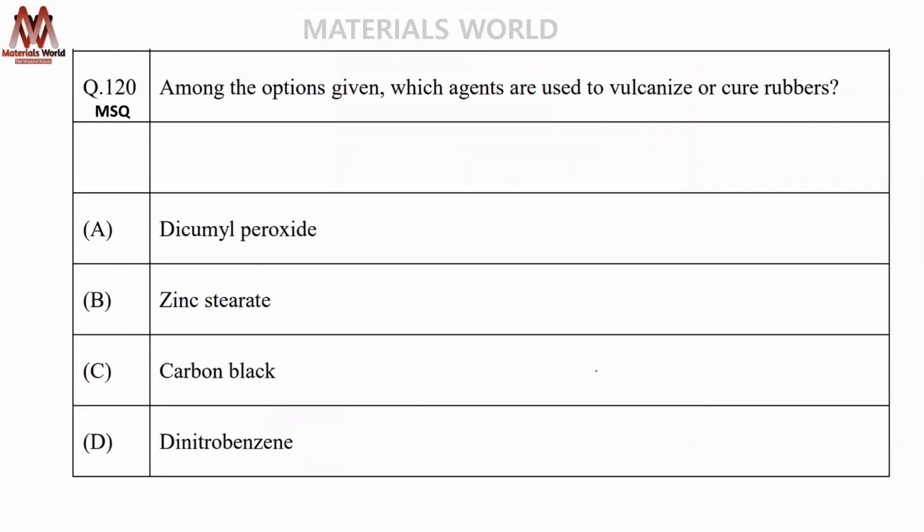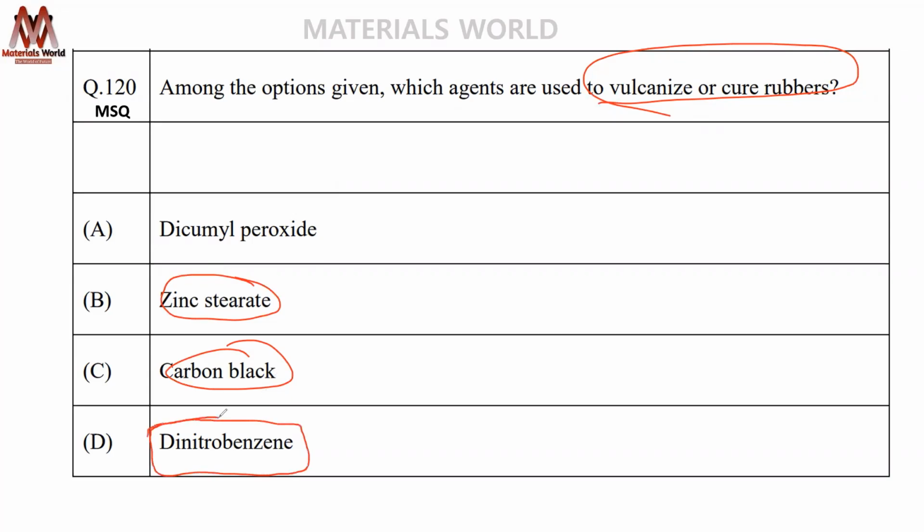Now this question is also an MSQ. Normally when you know the curing agents, we have an idea that mostly they are either sulfur or peroxides. Your carbon black is used as filler, and zinc stearate is used for increasing processability. There is another curing agent that is very hazardous and toxic.